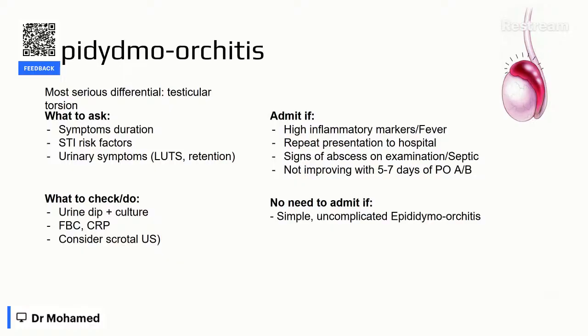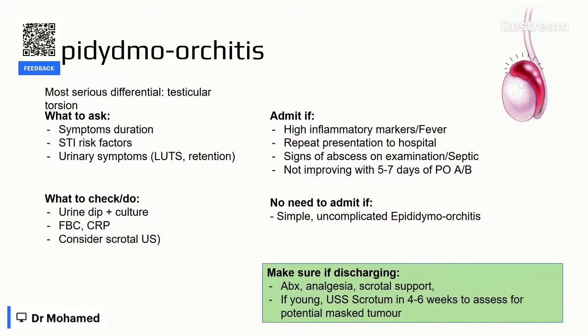Simple and uncomplicated epididymo-orchitis doesn't need admission to hospital, and they don't necessarily need to be followed up. But they need to be given the right advice about what to do, so safety netting advice and how to help things. They'll have antibiotics, simple analgesia, whatever's working for them. You can offer them a scrotal support that will help elevate the testis and keep them comfortable, but it doesn't always work.